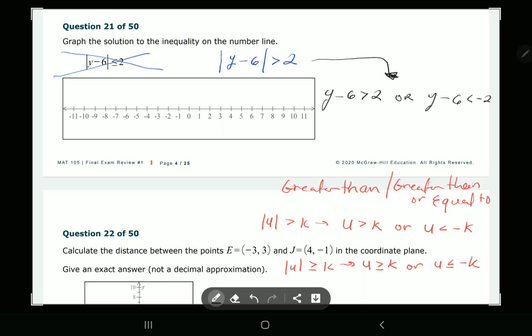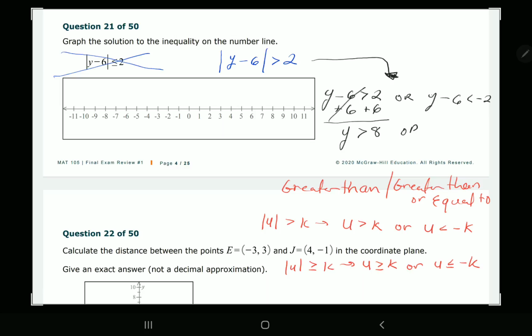We want to solve for y like we did in the last problem. So I'm going to add 6 to both sides. So y is greater than 8. Or, once again, let's add 6 to both sides. Negative 2 plus 6 is going to be positive 4. So y is going to be less than 4.